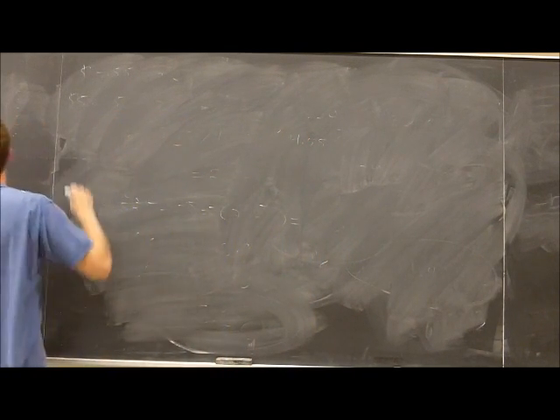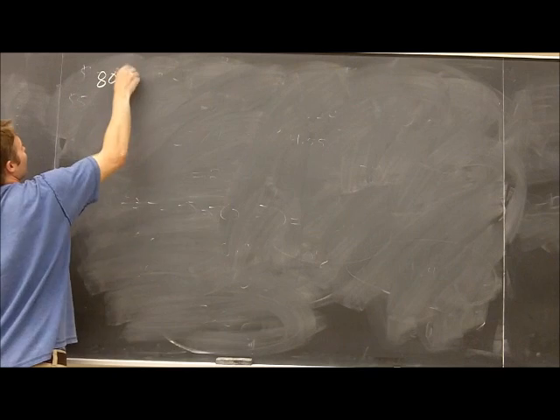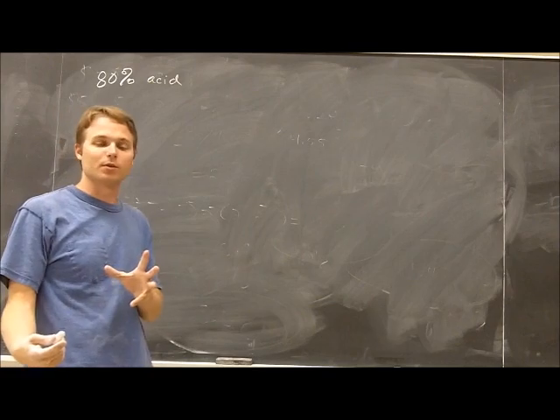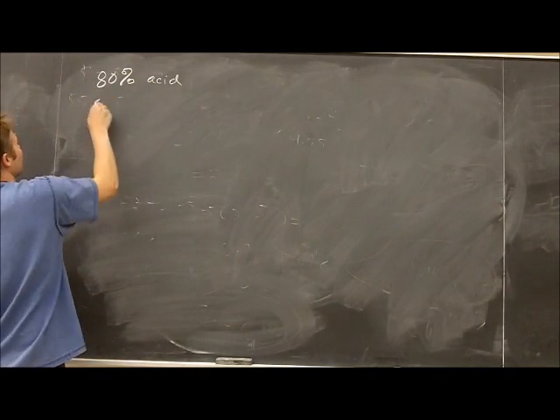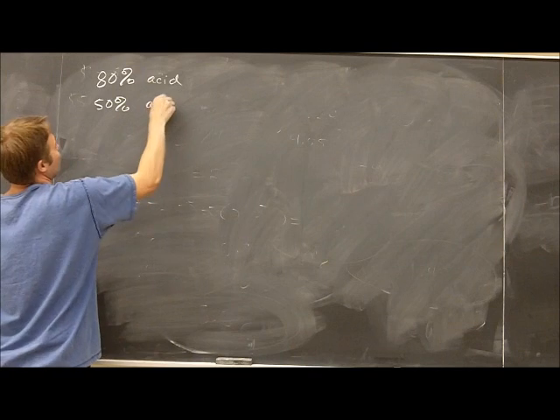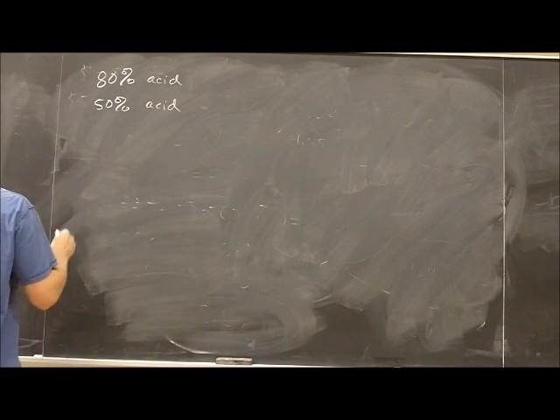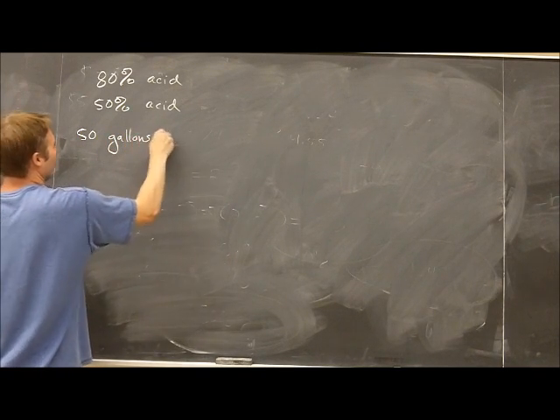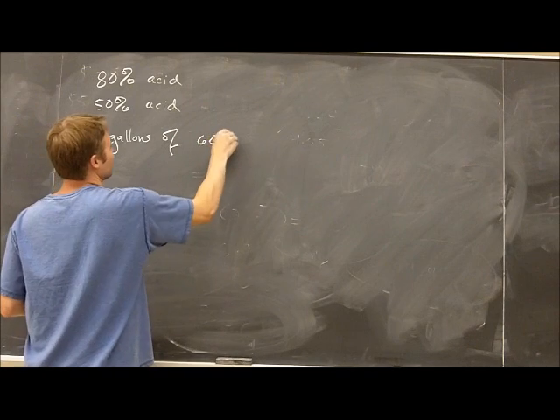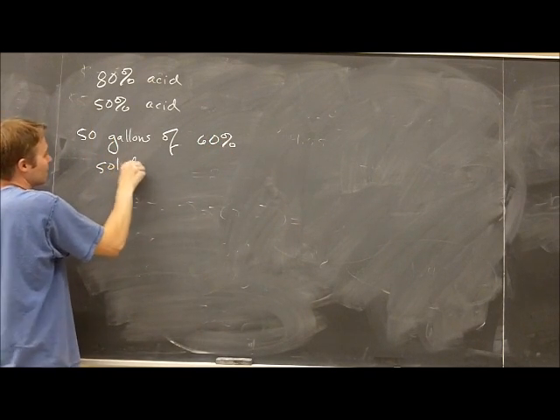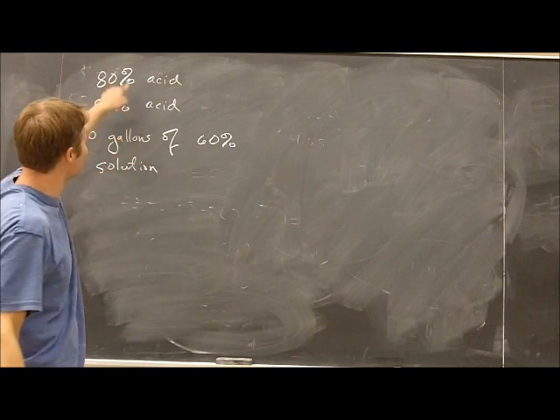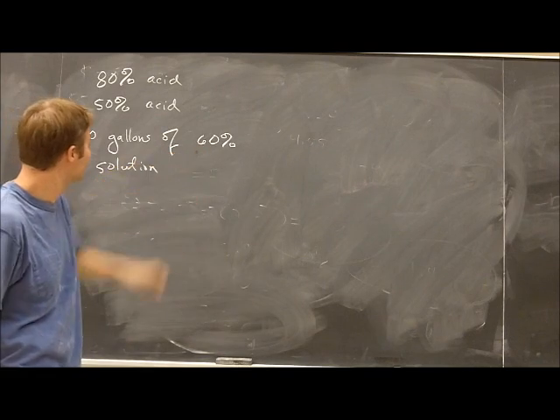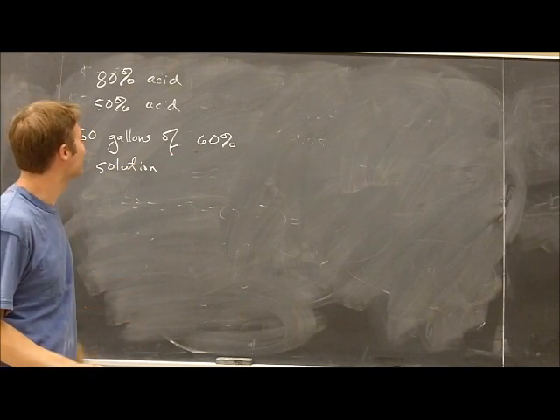So for example, if I want to mix some 80% acid solution, 80% acid just means that it's 80% acid and 20% water, with a 50% acid solution, so a solution that's half acid, half water, and I want to get 50 gallons of a 60% solution. Maybe this is a scenario in a lab where you only have these solutions of acid, but you need this 60% solution for some kind of experiment. How can I mix these together and get that much?